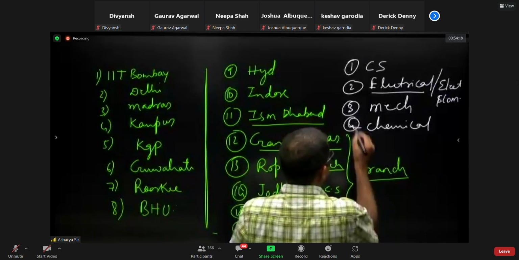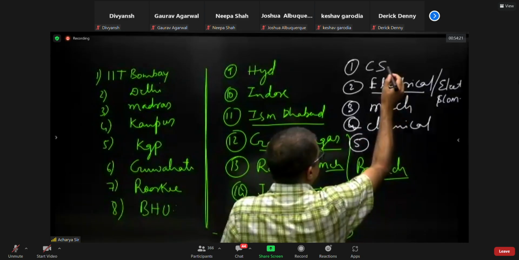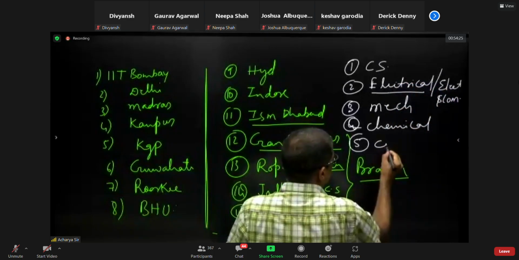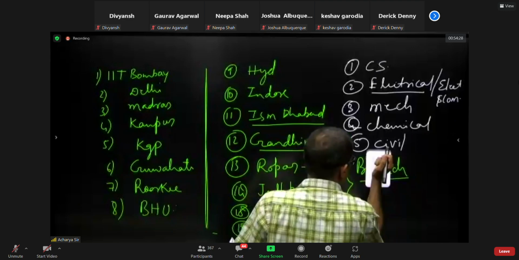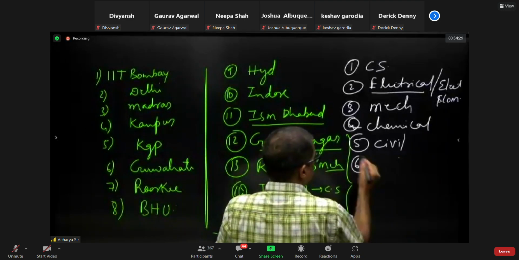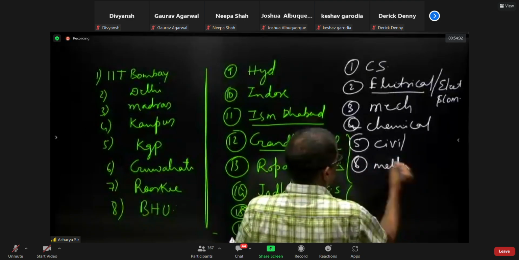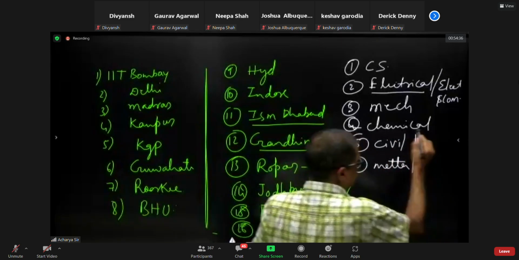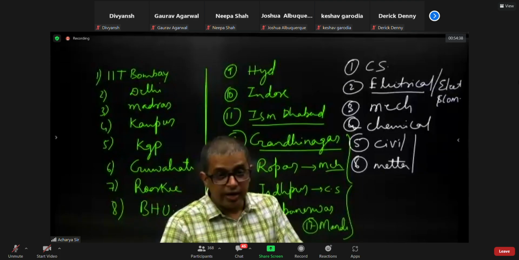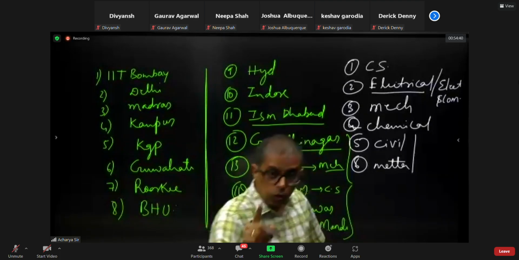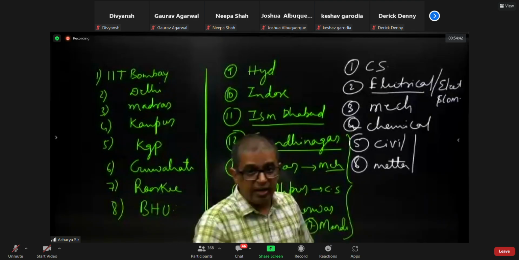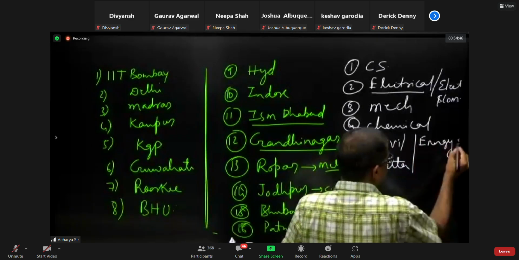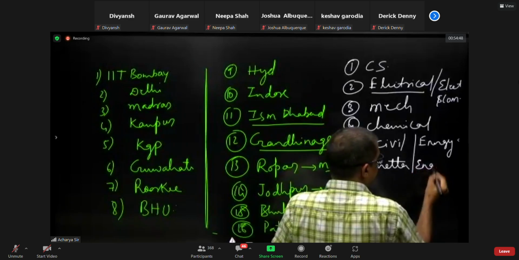Now, after chemical: CS, electronics, electrical, mechanical, chemical, civil, meta. You have in Bombay specifically branches which are fancy. Energy engineering, doing well, catching up very well. Engineering physics, energy engineering, engineering physics.